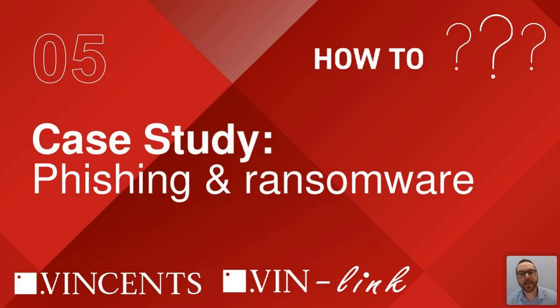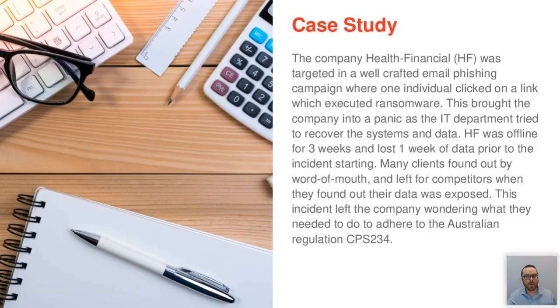So phishing and ransomware. Case study. All right, a company called Health Financial was targeted in a well-crafted email phishing campaign where one individual clicked on a link and executed ransomware. This brought the company into a panic as their IT department tried to recover the systems and data.